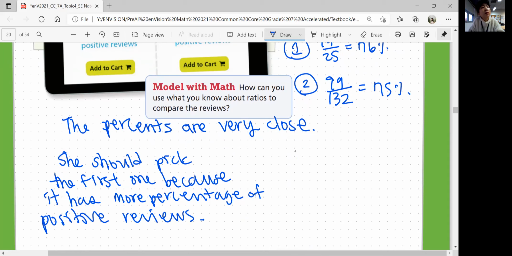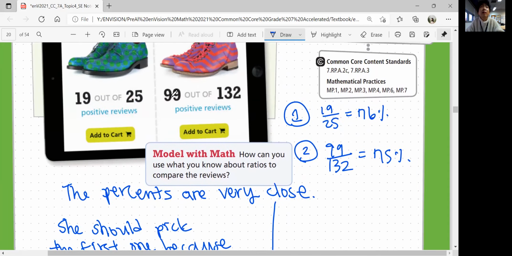So at this point, what's another thing that you think about when you make a purchase? Well, I don't know about you, but when they're kind of similar in positive reviews, I would go for whatever has more reviews, because that means more people bought it probably, right? And more people want to give a review.